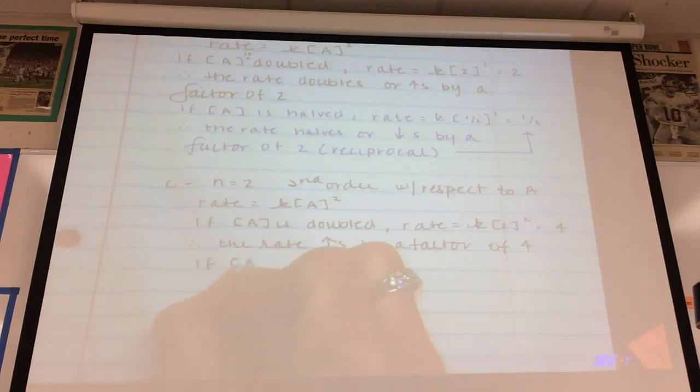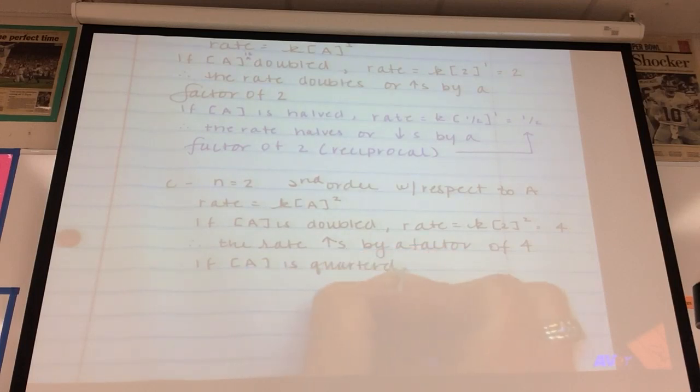If the concentration of A is quartered, we've got rate is equal to k, 1/4 to the second power. What's that? 1/16.